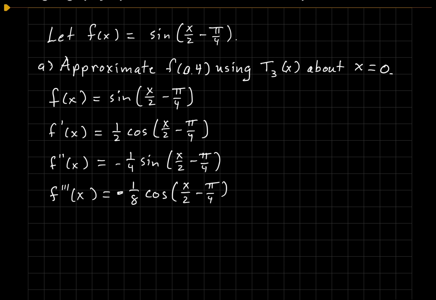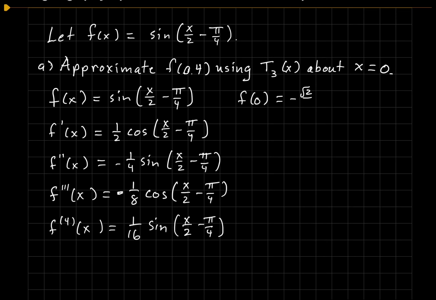And I could stop there, but I know the second part of the problem, so I will need to find the fourth derivative as well. 1/16 sine of 1/2 x minus pi over 4. And we're going to find values at the center. The sine of negative pi over 4 is negative root 2 over 2.